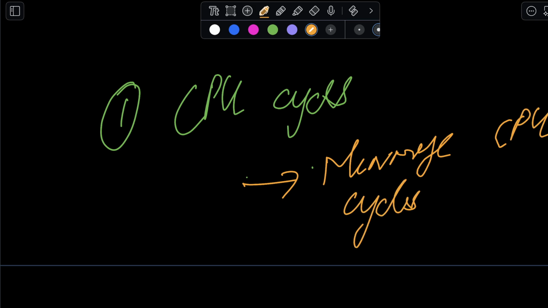Also, Peterson's algorithm is specifically defined for two processes, right? But in the practical world, you won't have just two processes. You will have more than two processes running, because we are dealing with concurrency.